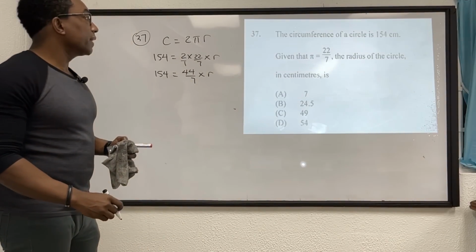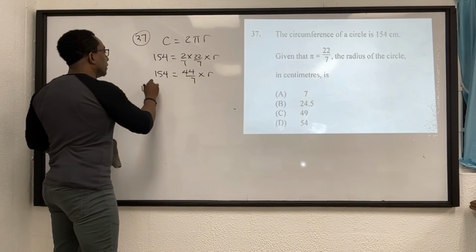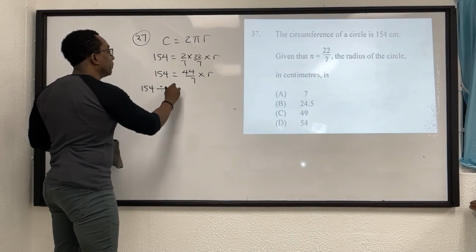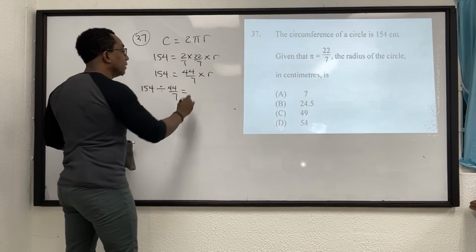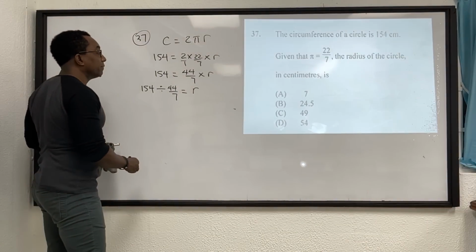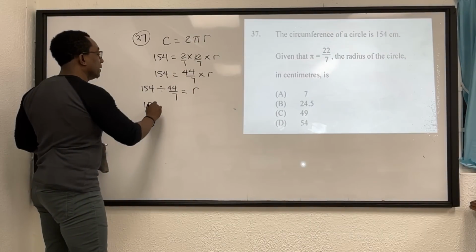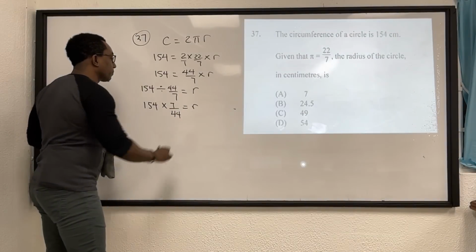And therefore, if we have to get r by itself, what we're going to simply do is to divide both sides by 44 over 7. So we're going to get r by itself. And therefore 154 divided by 44 over 7 is 154 multiplied by 7 over 44. Yeah?